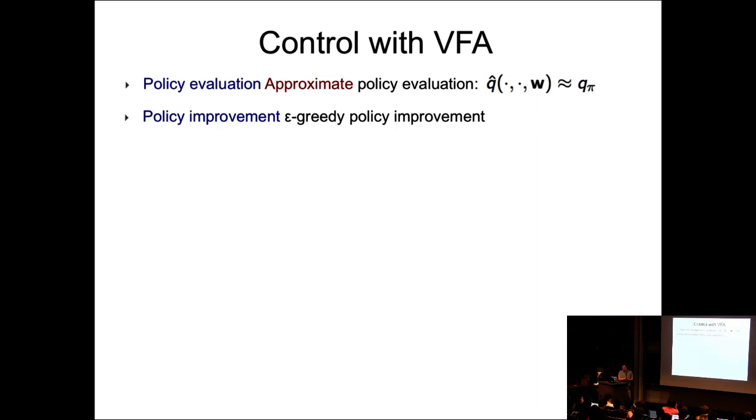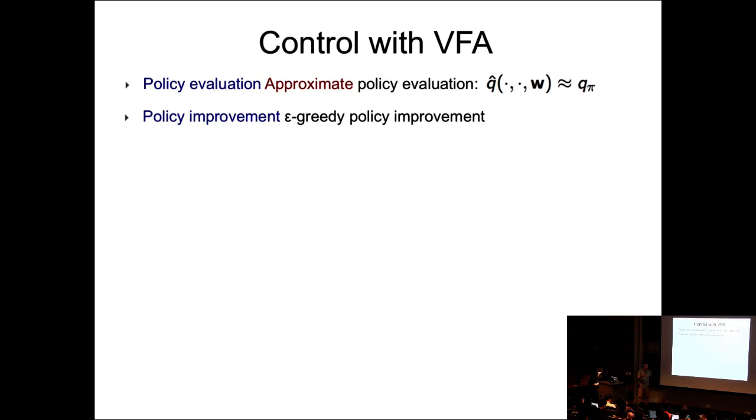So control. How do we optimize our policy? Once we do policy evaluation for a given pi, once we have our approximation of the Q function, then the policy improvement is pretty simple. We just do epsilon greedy policy improvement. We basically take Q, and for any state, we take the action that maximizes Q. Right now, we're still assuming that our action space is discrete, so we can always pick the maximum.